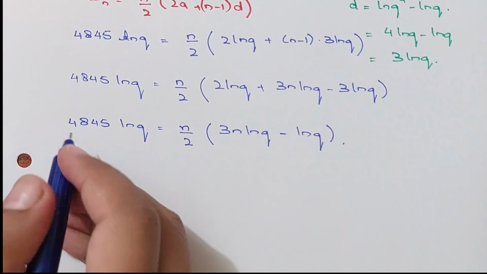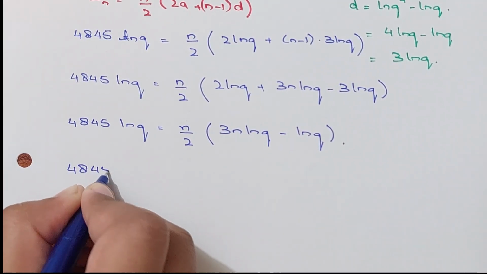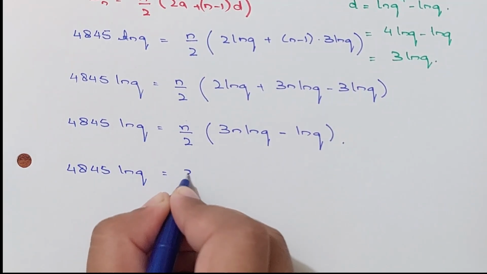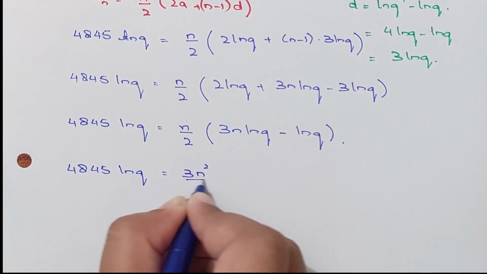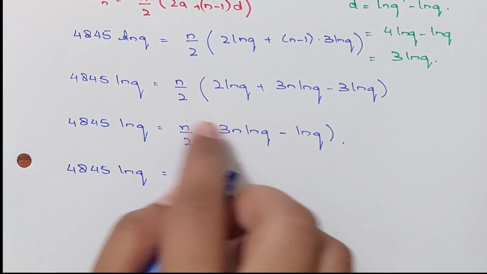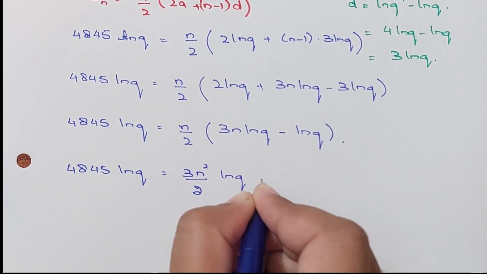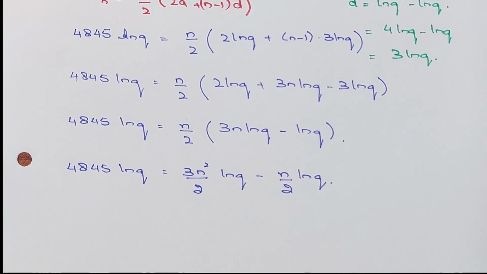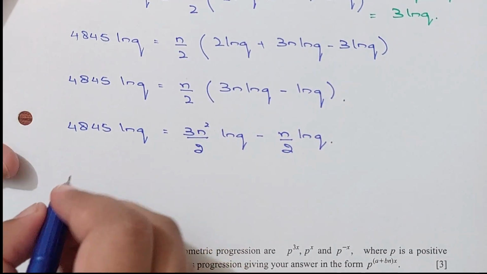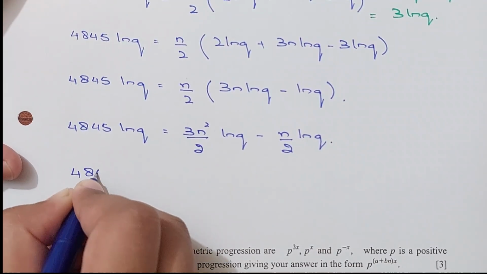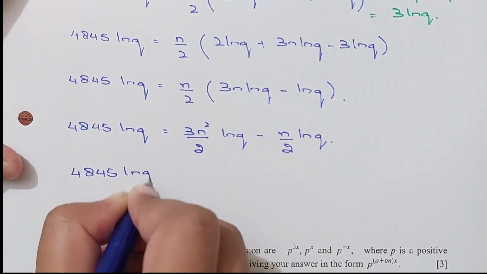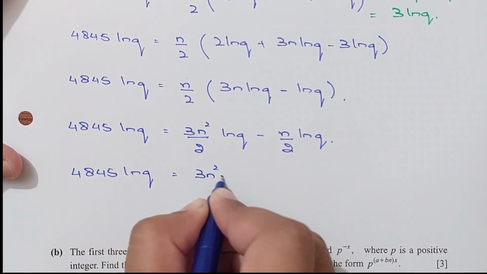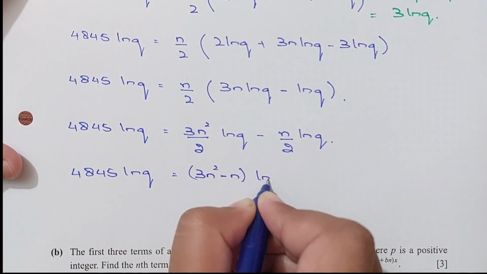Now let me open the bracket: 3n squared by 2 ln q minus n by 2 ln q. Let me take ln q common and cancel with the left-hand side: 4845 ln q equals (3n squared minus n) ln q by 2.